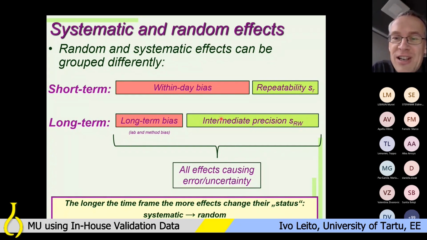And also it turns out that different approaches treat the effects differently. And I will explain that in a minute. What we should remember from this slide is that the longer the time frame that you take, the more effects change their status from being systematic to being random.